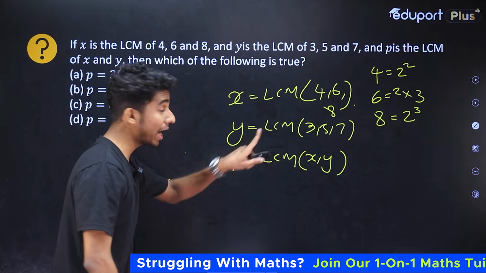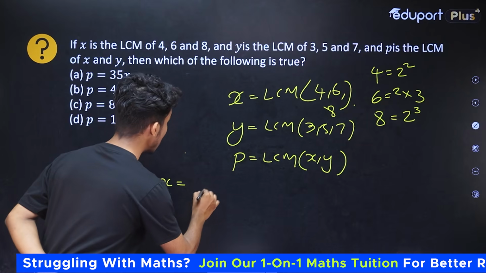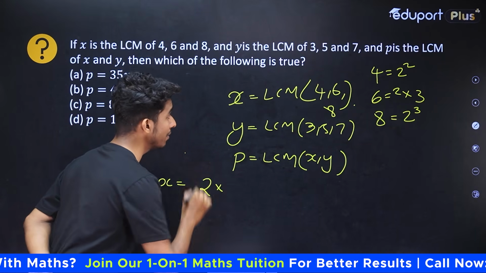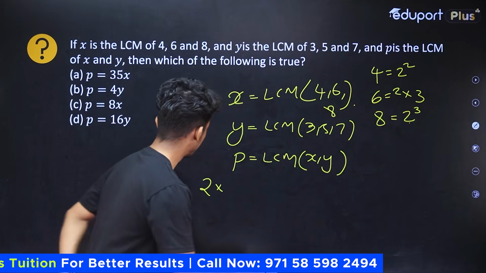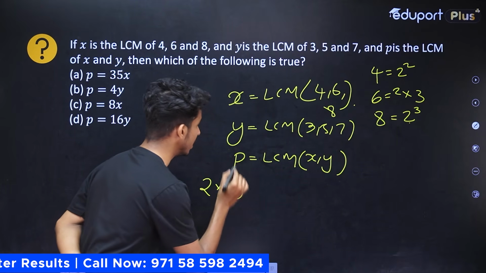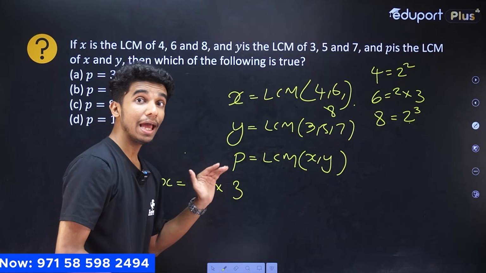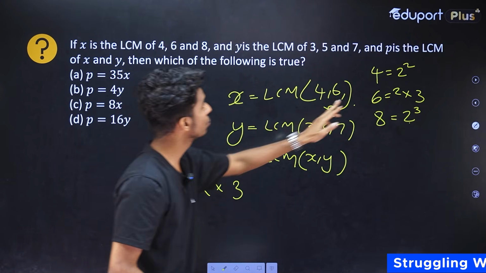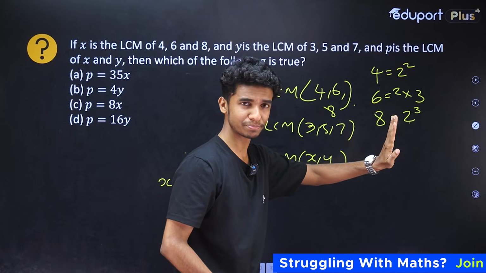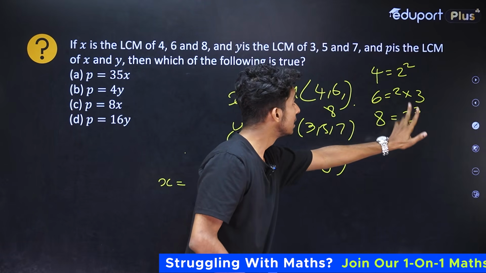To find the LCM, we have to take every prime number. Here 2 is there and 3 is there. I have taken 2 and 3 and their highest power. Here 2 square, 2, and 2 cube are there.